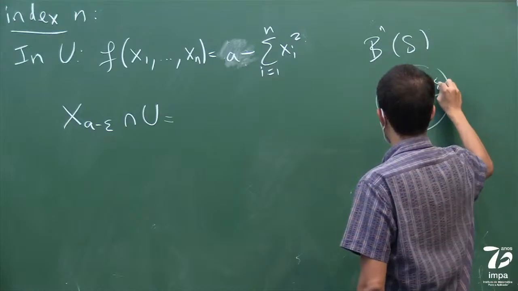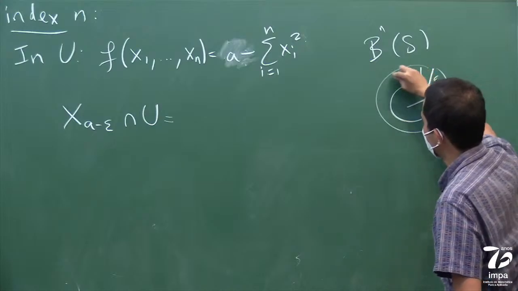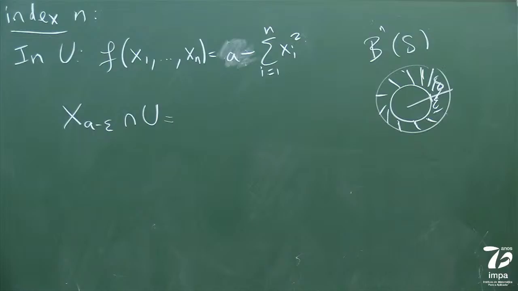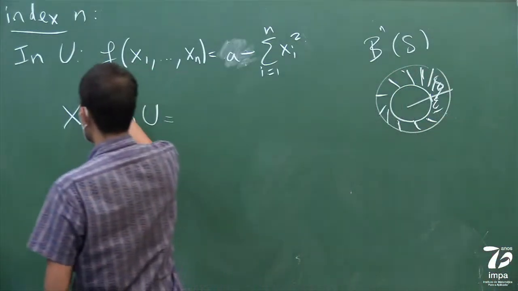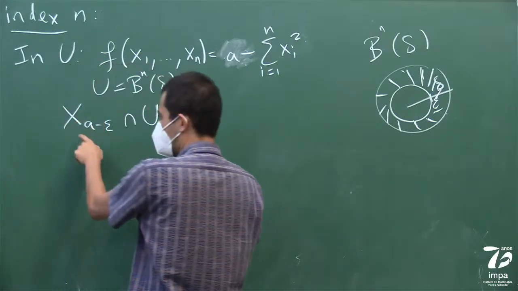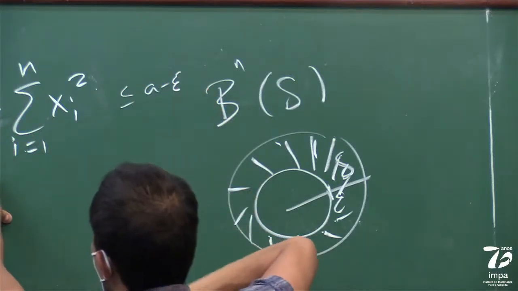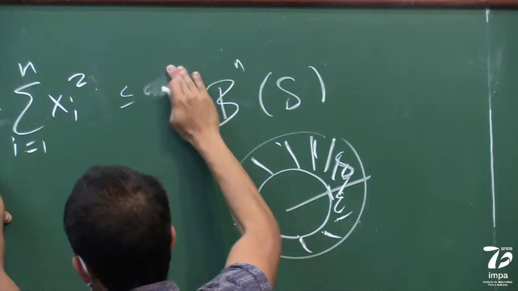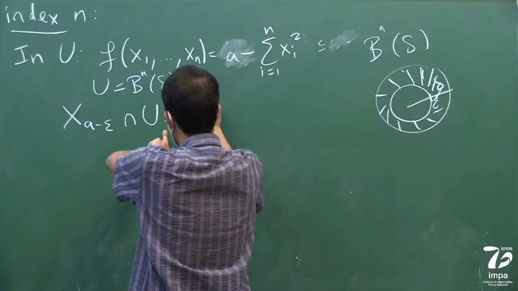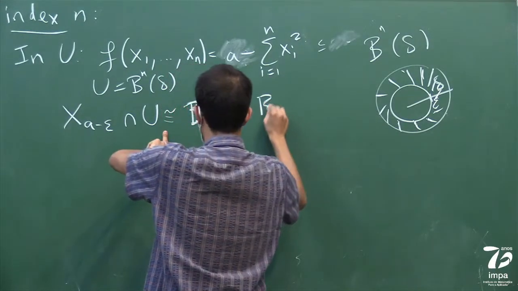When you look at what's between epsilon and delta, what's less than delta, you're going to get some kind of strip like this. So I'm assuming that U in this chart is some ball of radius delta. So when this is less than or equal to a minus epsilon, then this is diffeomorphic to my original ball of radius delta, minus the ball of radius epsilon.